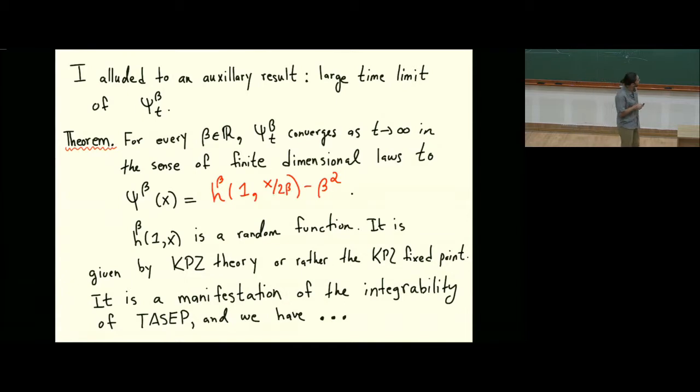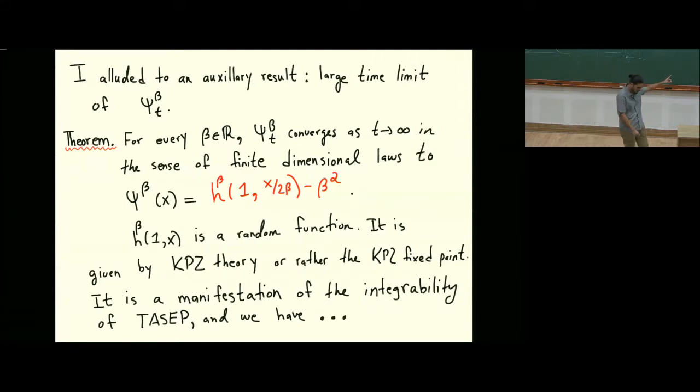So here's a theorem: if you take this limit as time goes to infinity, this will converge to some random process psi beta of x, which can be expressed in terms of a random height function h, which I call h beta of 1. So this is a function of the variable x. That's just the way it's rescaled.